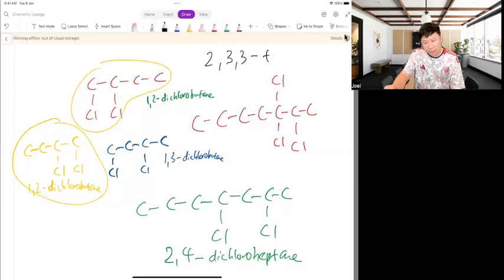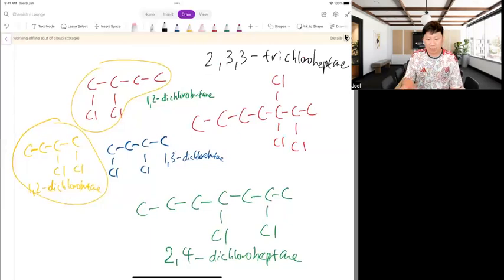Because you say trichloro, you need to tell me the position of the 3 again. 1, 2, 3, 4, 5, 6, 7, 8. Understand? As long as I know it's on the third one, it can be 2, 3, 3 or 2, 2, 3. As long as you write trichloro or dichloro, you need to tell me 3 numbers because it's tri. Di is 2.